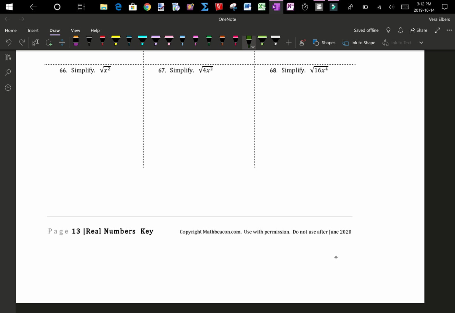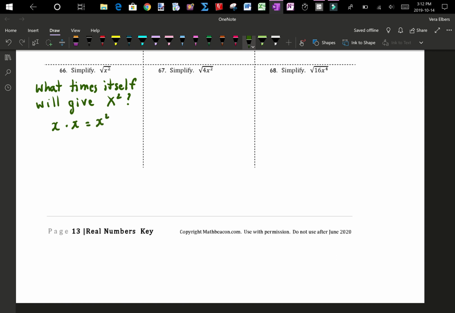So what times itself will give x squared? If you're thinking ahead, you would know that that would be x times x, because x times x will give you x squared.